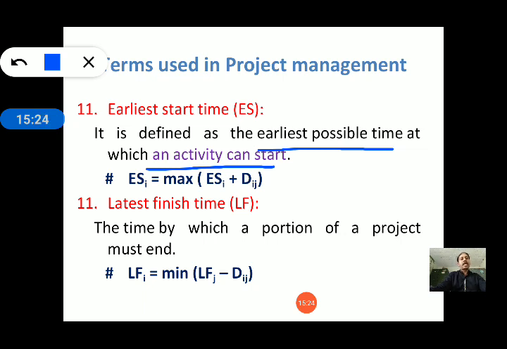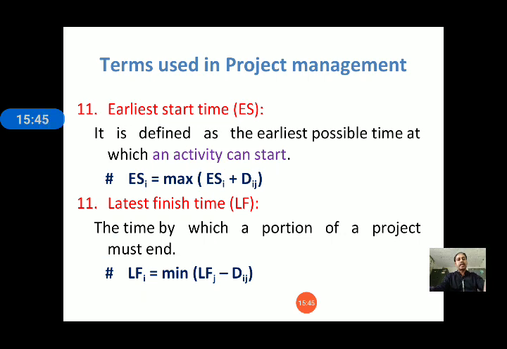So the time at which it starts is called the earliest start time. And the latest finish time is the time by which a portion of a project must end. It means a certain activity will finish at some time, and that is called the latest finish time.